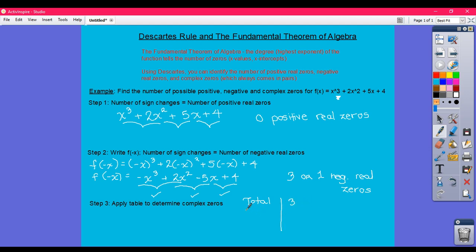So I'm just going to create a table off of that. How many of them are positive? How many of them are negative? How many of them are complex?